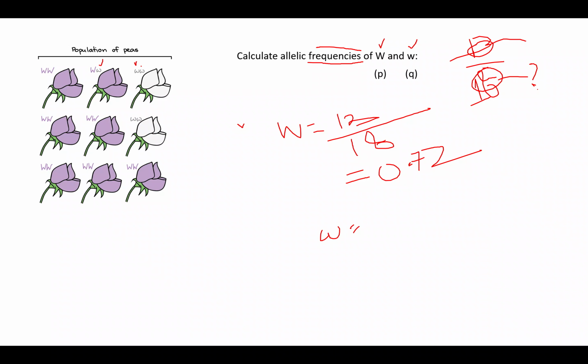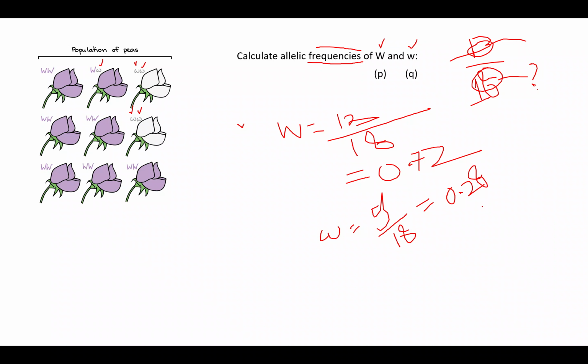So small w is how many times? 1, 2, 3, 4, 5, sorry, 5 divided by the total, which is 18. Yes, 5 divided by 18, so it is coming out to be 0.28. 5 divided by 18 is 0.2777.